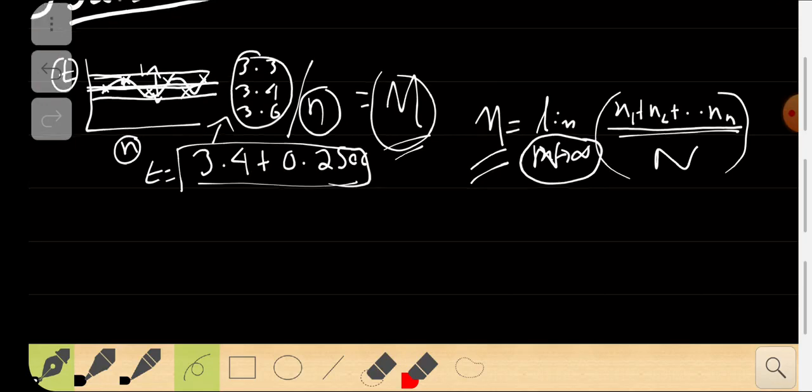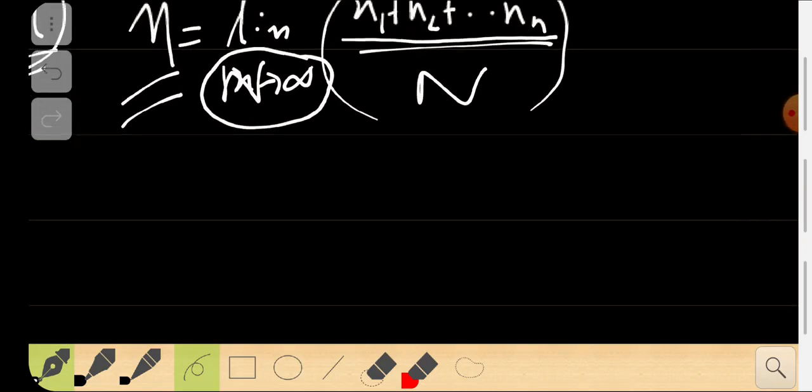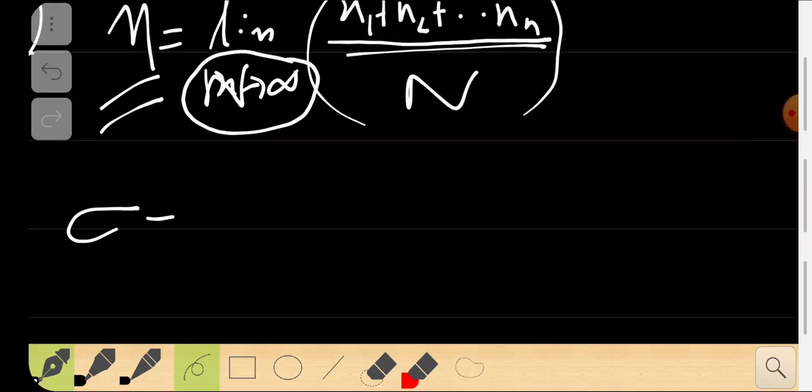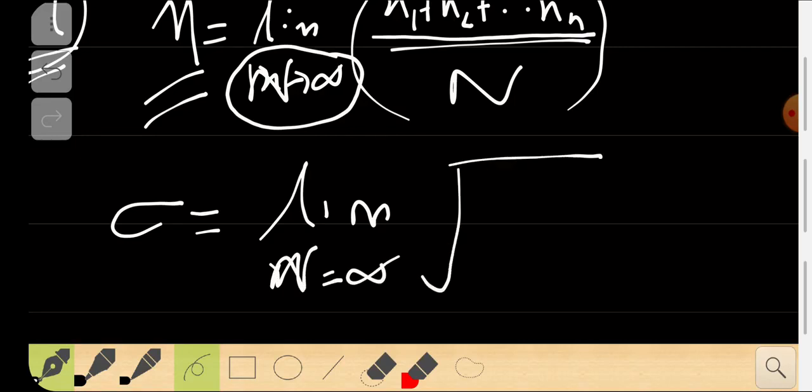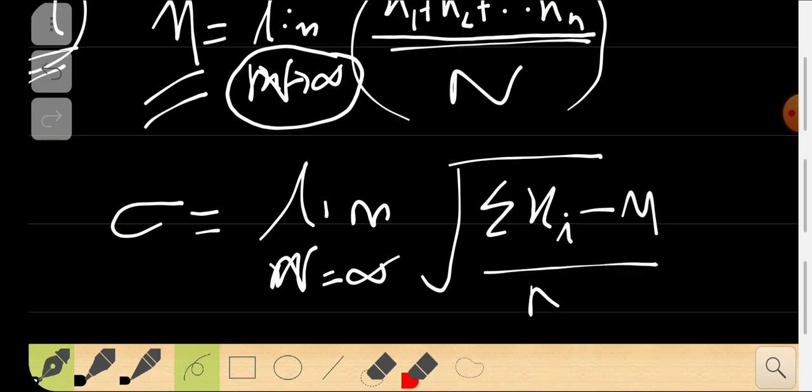Now you can define the deviation that we have mentioned. This deviation can be defined as sigma, which stands for standard deviation. You can put the limit n tends to infinity of the square root of the sum of (xi minus mu) squared divided by n minus 1.